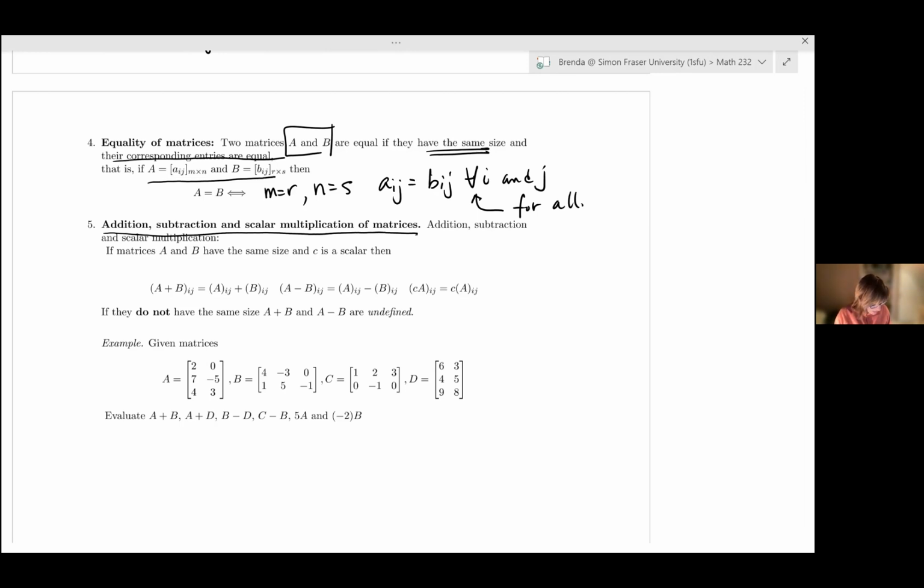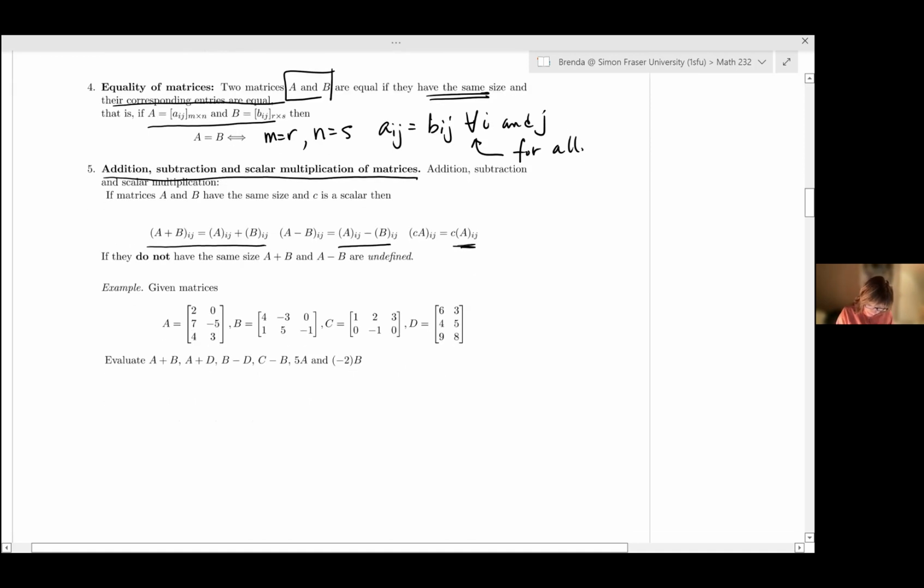So if the matrices are the same size and C is a scalar, then we simply add the entries if we want to add the two matrices, or we subtract the entries if we want to subtract the two matrices. And if we multiply by a scalar, we multiply every element in the matrix by that scalar. For addition or subtraction of matrices, the matrices have to have the same size. Otherwise, the operation is not defined.